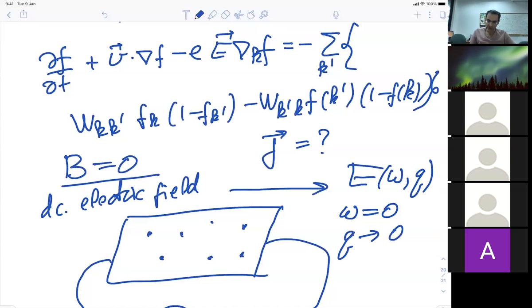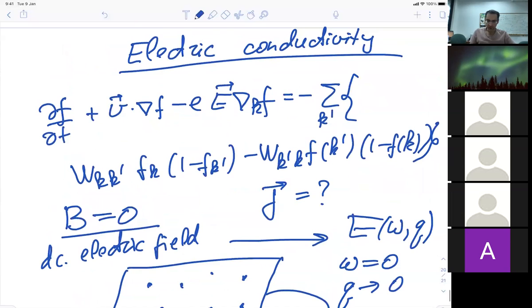So can we solve the equation in this case? And my statement is yes. So first of all, because it's a DC problem, we can neglect the time derivative. Then, because it's a DC problem, there is no r dependence, and we can neglect this term as well.